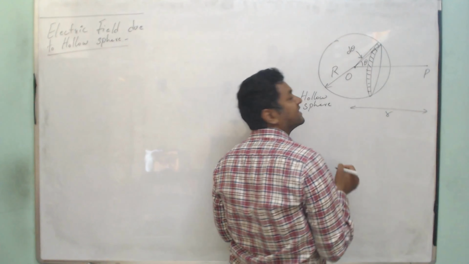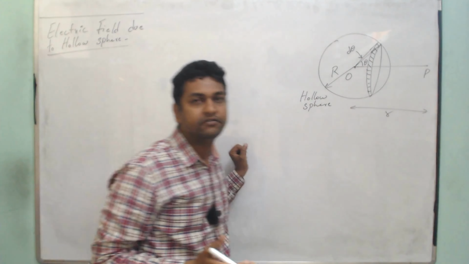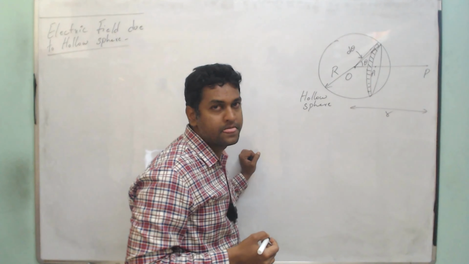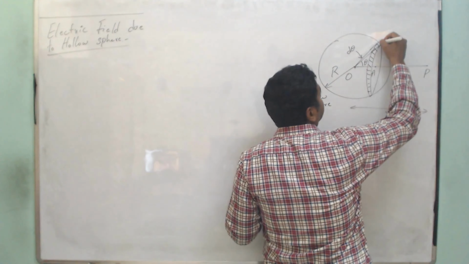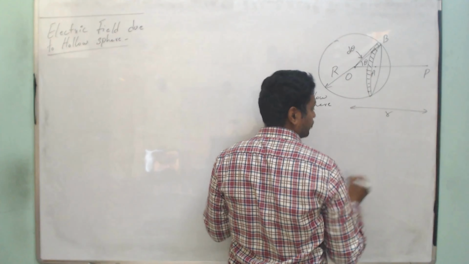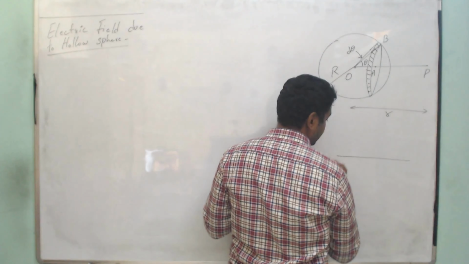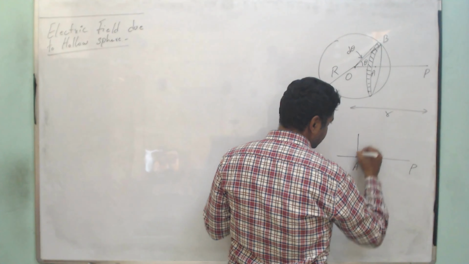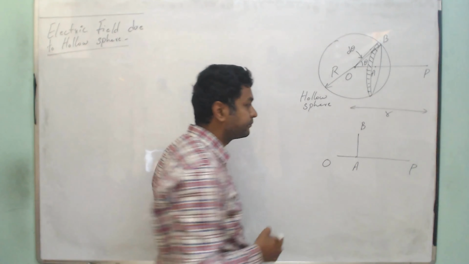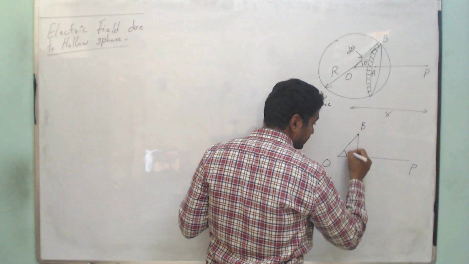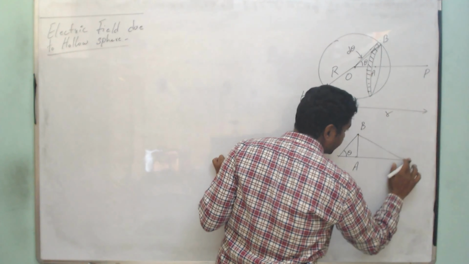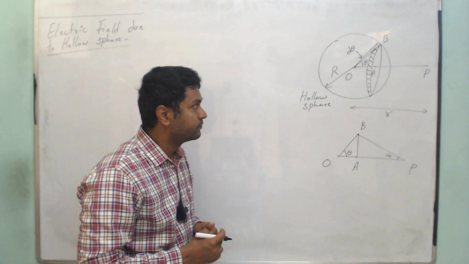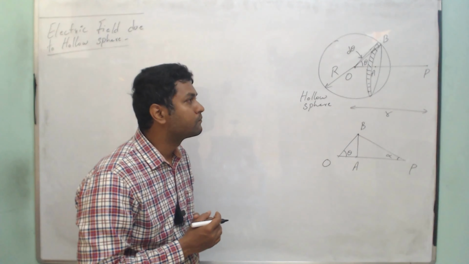Let us say the center is O, and the point where we need to find the electric field is P. Let the center of my loop be A, and let the point over here be B. So I have O and B, and somewhere over here I have A, and my element is at B. This angle is theta, and let me take this angle as some alpha, because we are going to use that in our derivation.